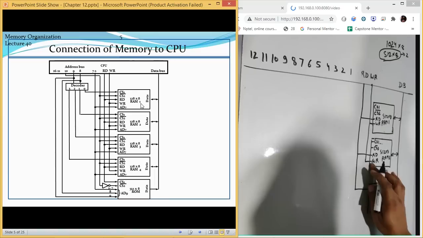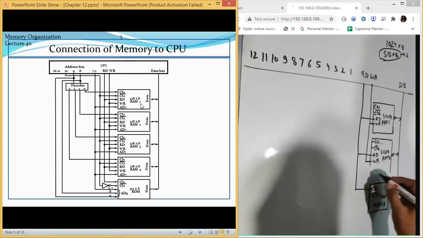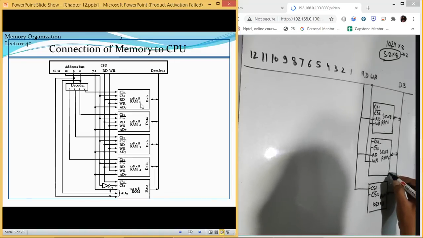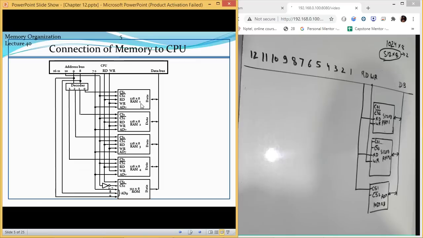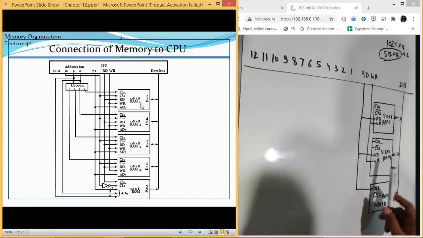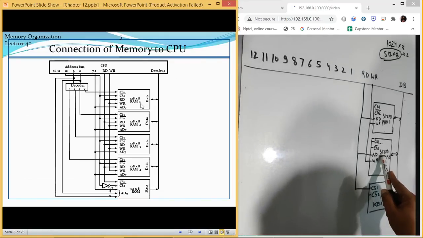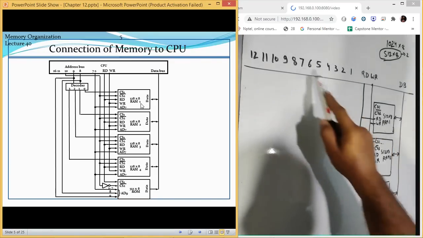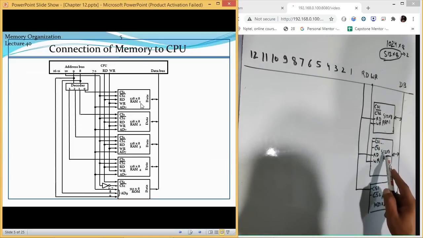Now 2 raised to the power 6 is 64, 2 raised to the power 7 is 128, right? 2 raised to the power 8 is 256, 2 raised to the power 9 is 512, which means it is a 512 line, which means I will need to reserve 9 lines for this.